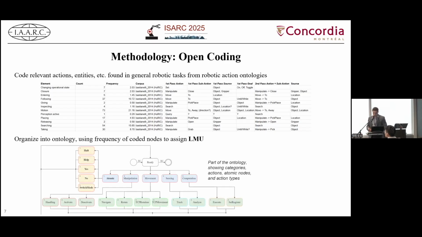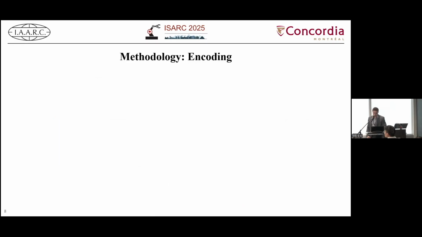What this allows us to do is form an ontology and priority of different messages that we may be able to send through this MBC method. So here is part of the ontology. It is organized into actions, action types, and then some atomic nodes to allow us to form sentences essentially.